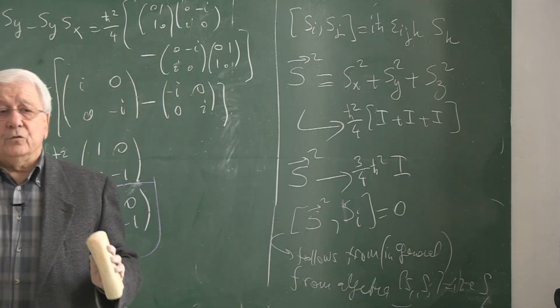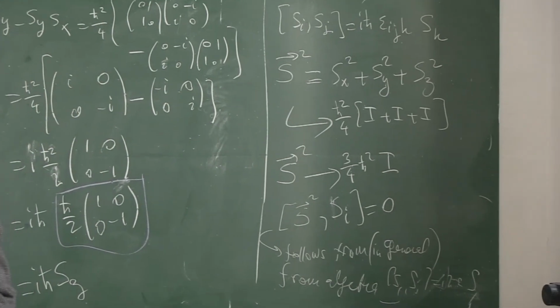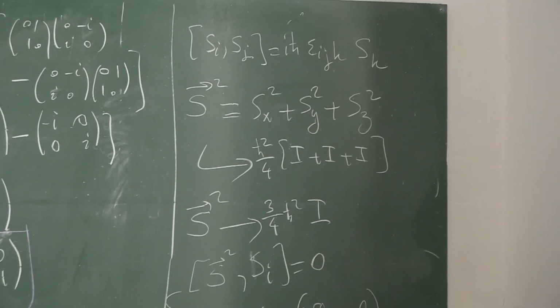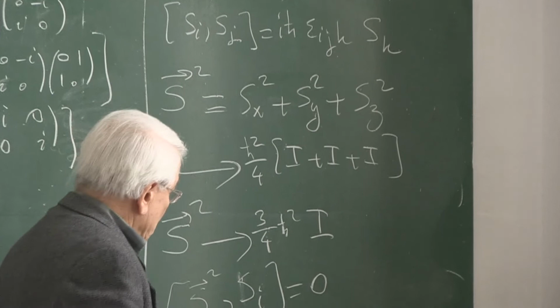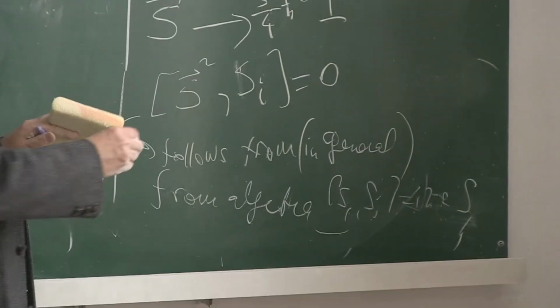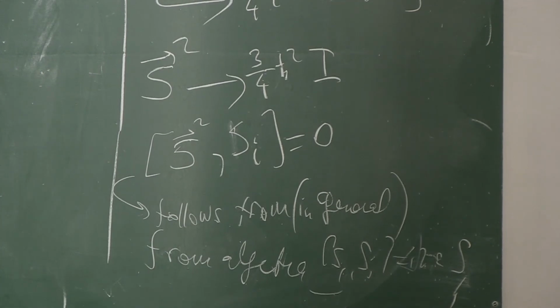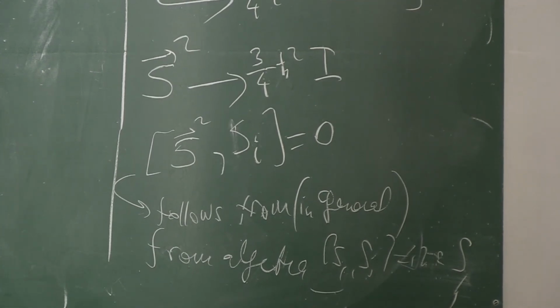Private homework: demonstrate using that algebra that S squared always commutes with any component Si. Use this algebra to prove this statement. This is trivial for spin 1/2; it follows obviously, being identity.